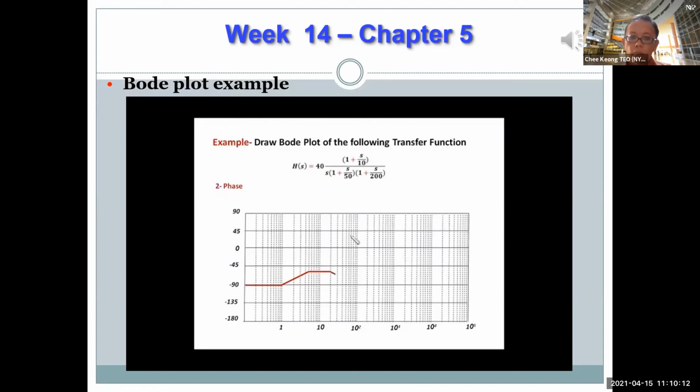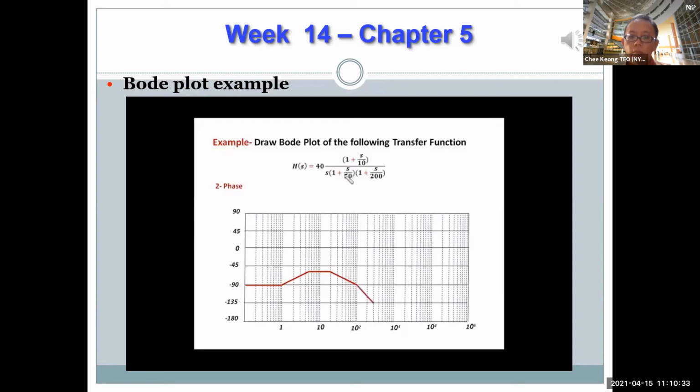Now this is gone. I took care of the whole thing of the zero, but I still have this pole and this pole. So this one will give me minus 45 degrees and this will give me minus 45 degrees. So I must go with minus 90 degrees until I hit the end of this segment, and the end of this segment will be a decade later, which is at 500.